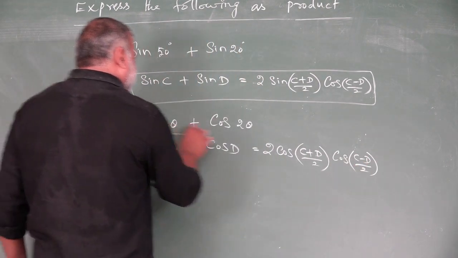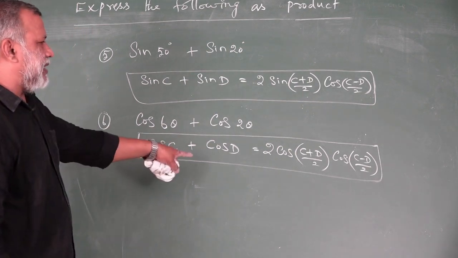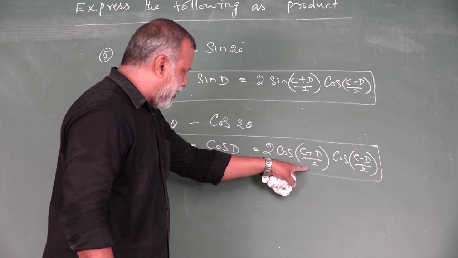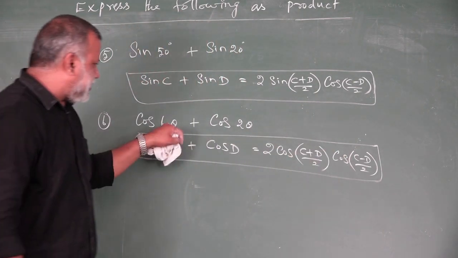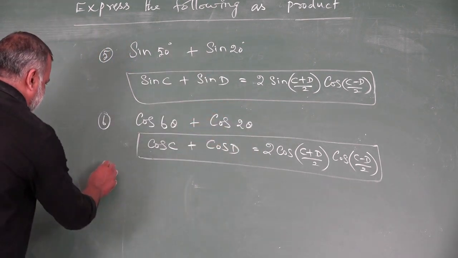Use this relation. It is in the form of cos C plus cos D. Cos C plus cos D equal to 2 cos C plus D by 2 cos C minus D by 2. Instead of C substitute 6 theta, D is 2 theta. Try yourself, you can get the resultant.